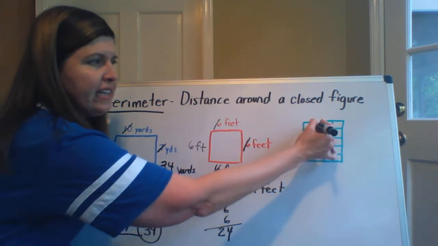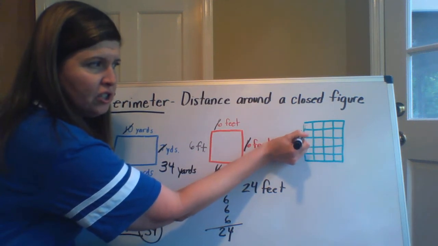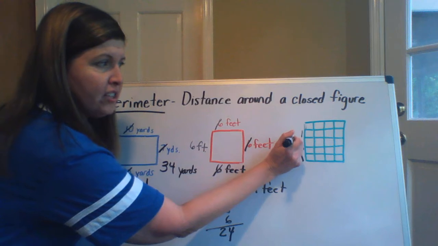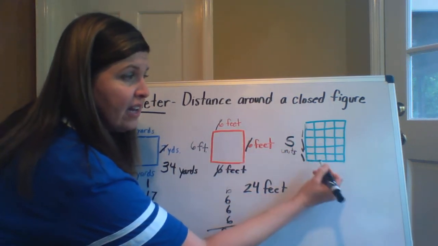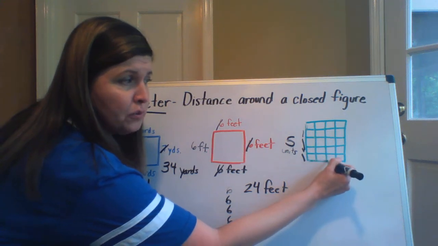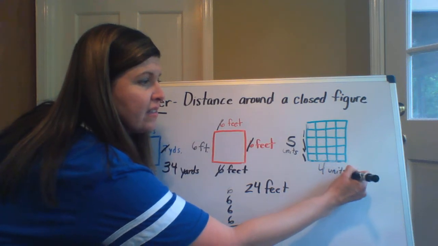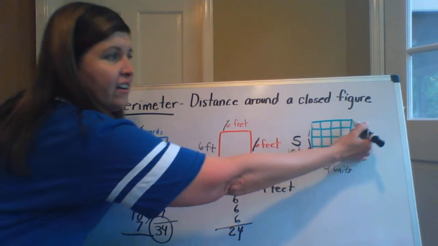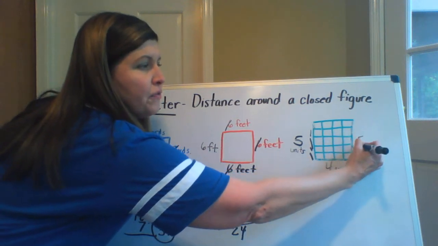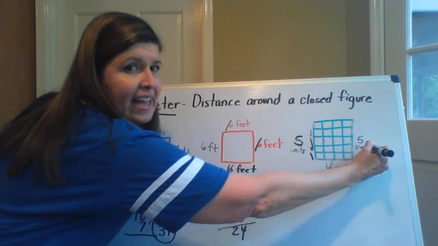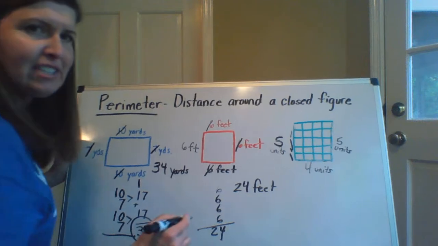So for example, on here, watch as I count: 1, 2, 3, 4, 5. So this is going to be 5 units. At the bottom, 1, 2, 3, 4. 4 units. Over here, 1, 2, 3, 4, 5, same as the other side, so 5 units. And this final one at the top, I'm going to scoot this board over to make it easier for everybody.